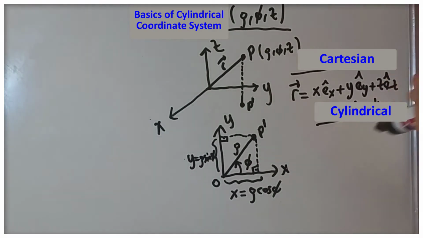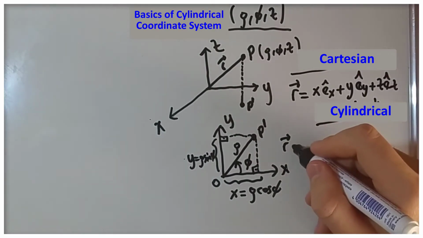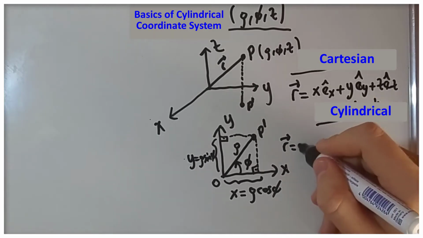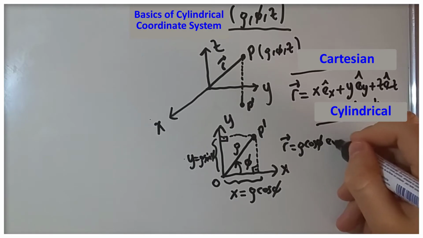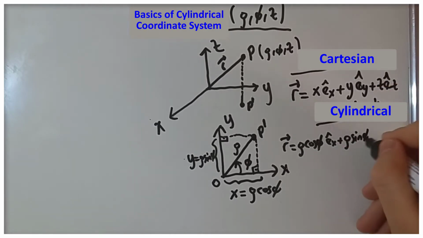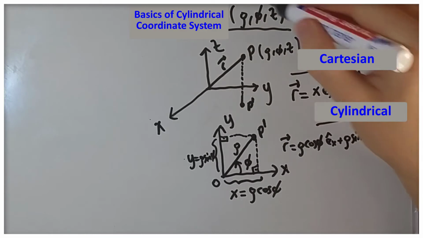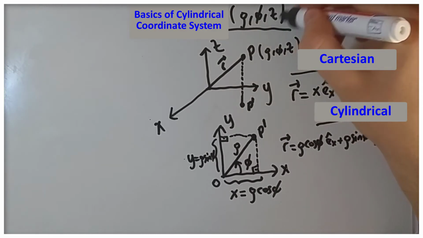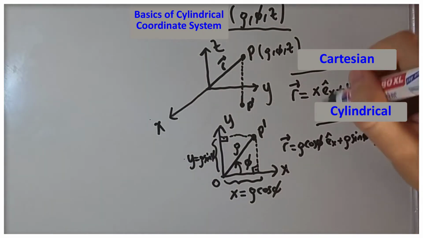So if I want to rewrite r now, can I write this instead of x? ρ cos phi in the ex direction, ρ sin phi in the ey direction. There is no change for z because z is already an element of this coordinate system. So I write it as z ez.